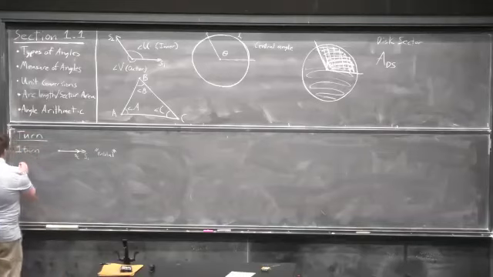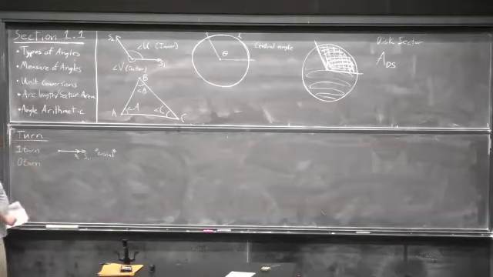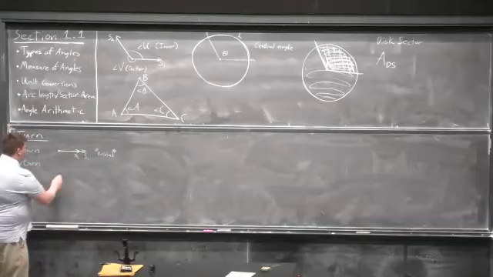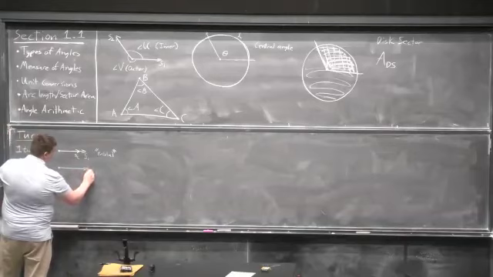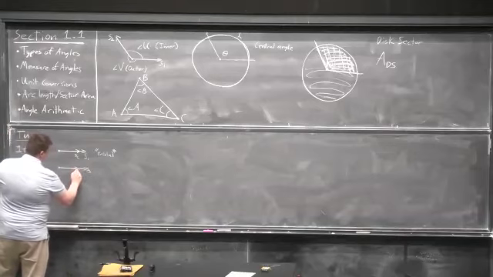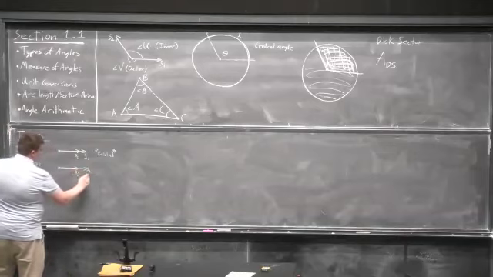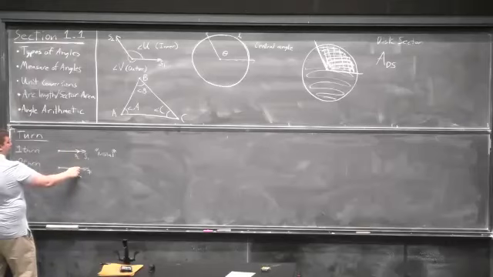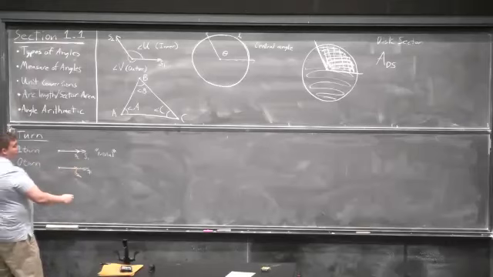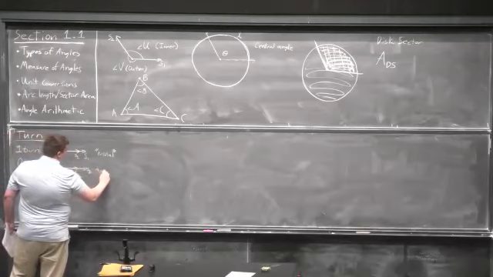Same thing if I had a zero turn. We again would have a trivial angle because we didn't go anywhere. You can think of one turn, we spun around once, where here we didn't spin around at all. This again is a trivial angle.